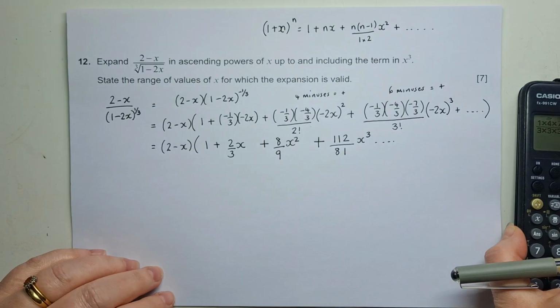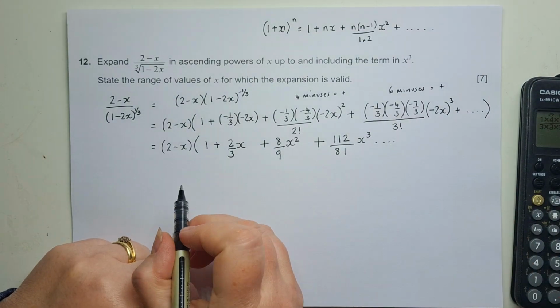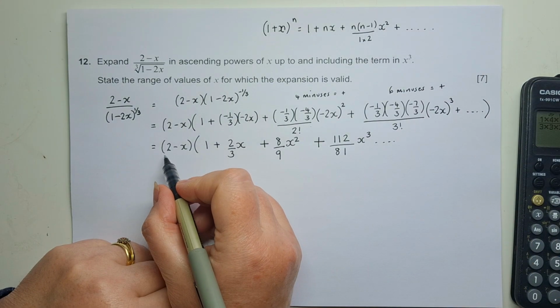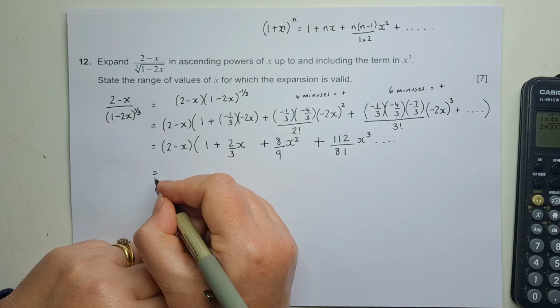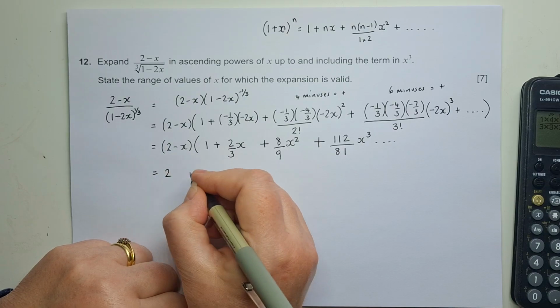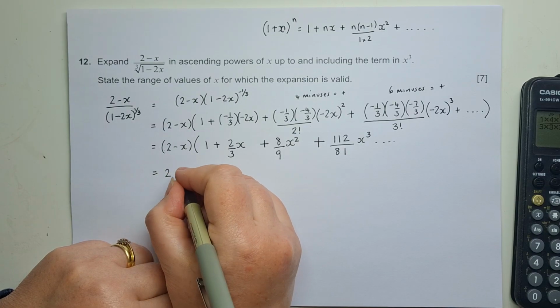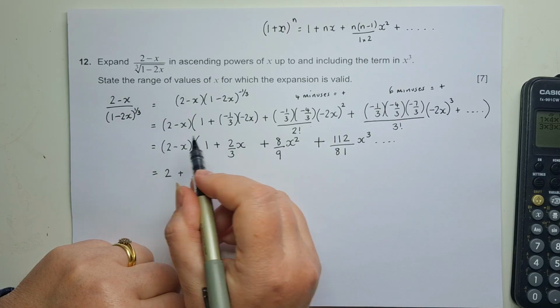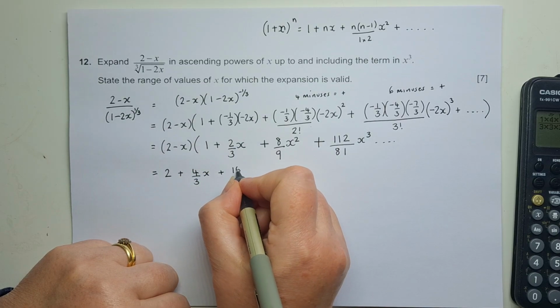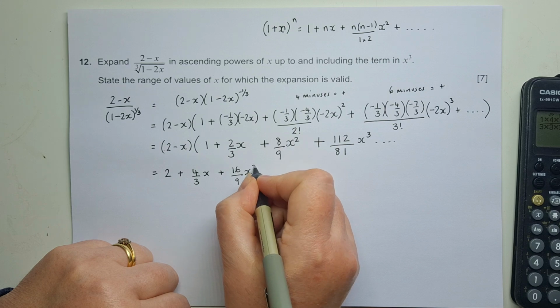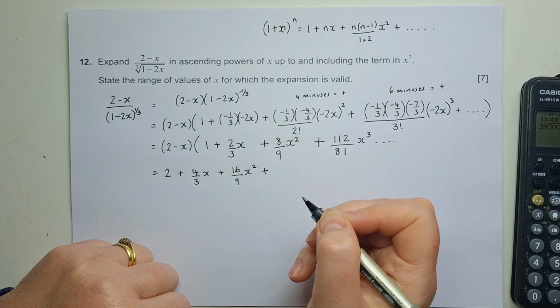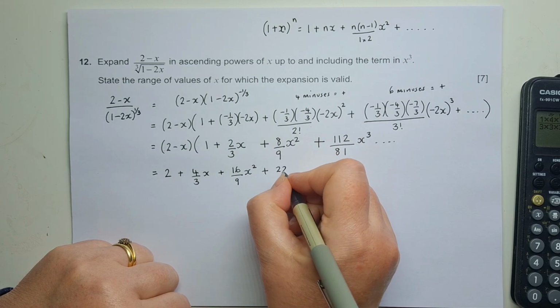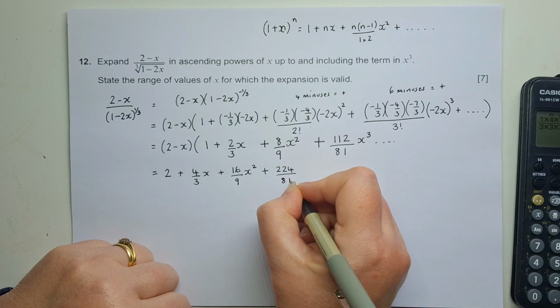Okay, so we get to that. We're then going to multiply out. So I'm going to take the 2 first. So 2 times 1 is 2. 2 times 2/3 is 4/3, we're just doubling the top number. So that would give me a plus 16/9 x squared, and then 224 over 81 x cubed.